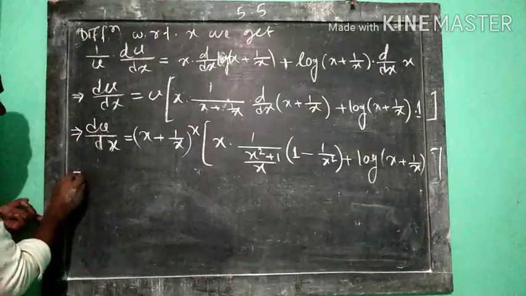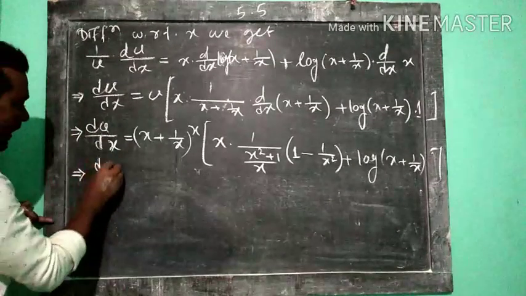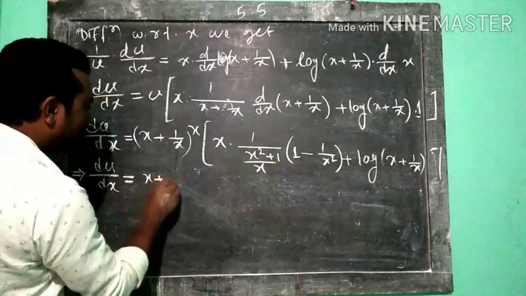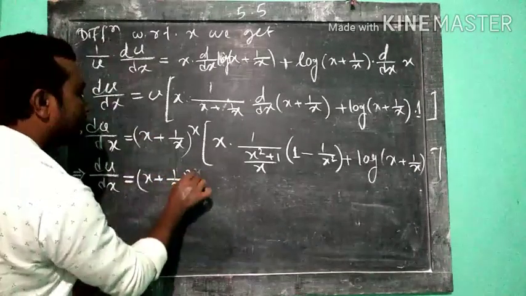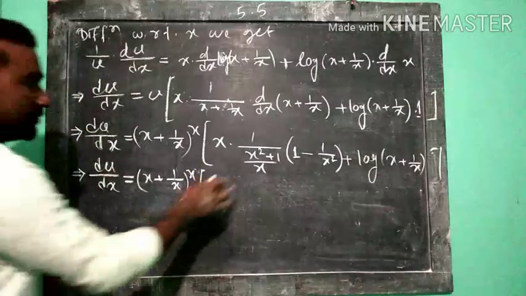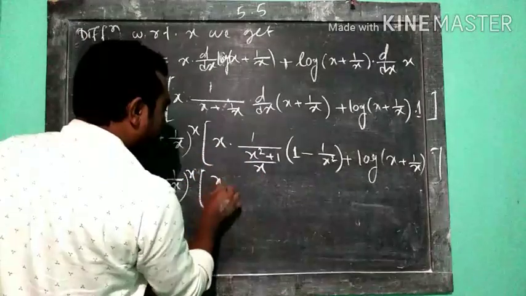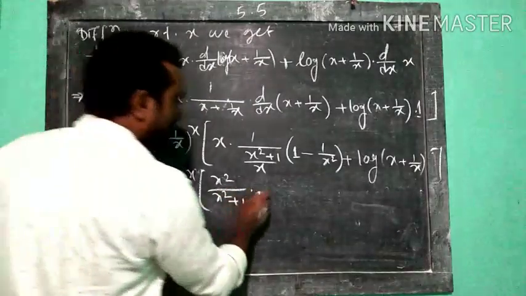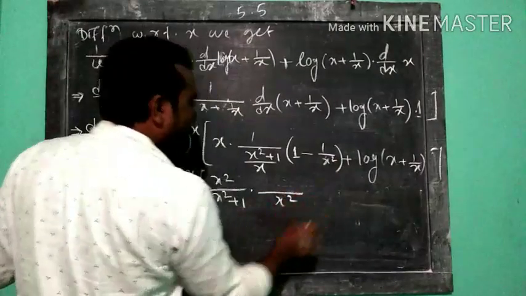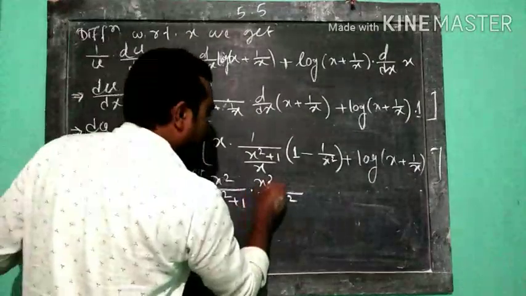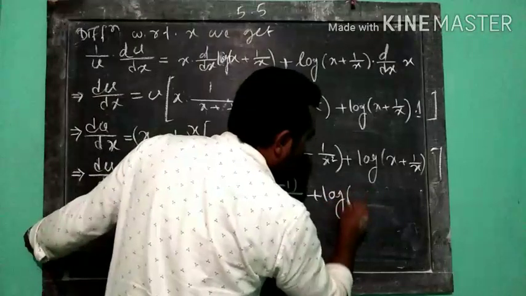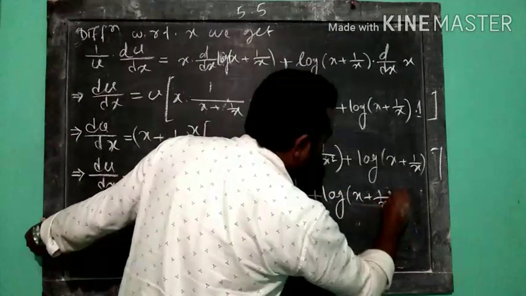So this implies du by dx is equal to (x plus 1 by x) whole to the power x. Multiplying with this, we get x square divided by x square plus 1 into, taking LCM, x square minus 1 by x square, plus log of (x plus 1 by x).